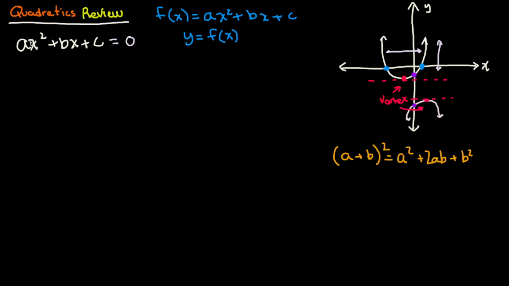Now we want this x squared term all by itself for now. The way we'll do that is by taking the a out of all of these things. So if we take the a out, we'll have x squared plus b over a x. Remember, we took the a out of the bx.